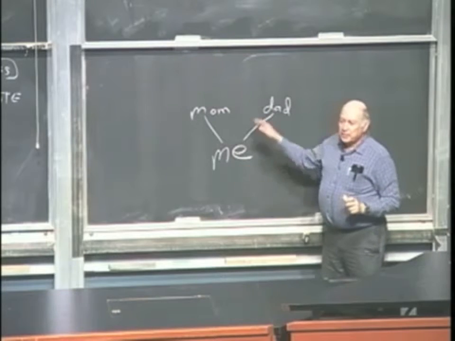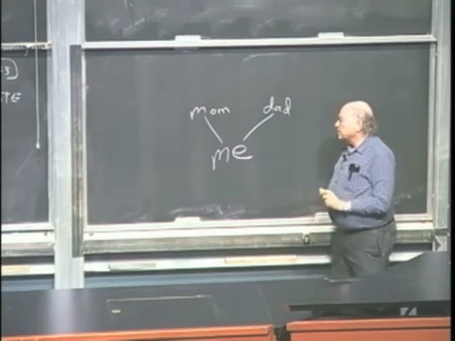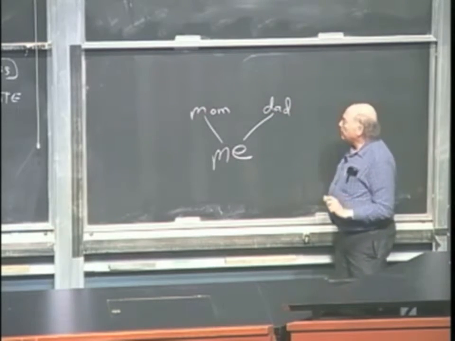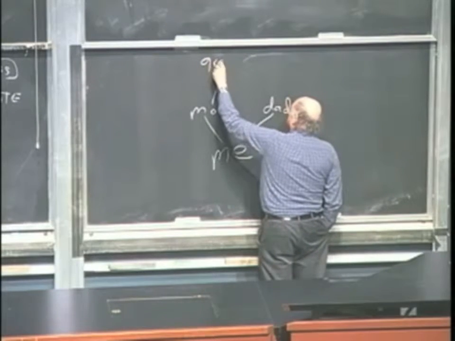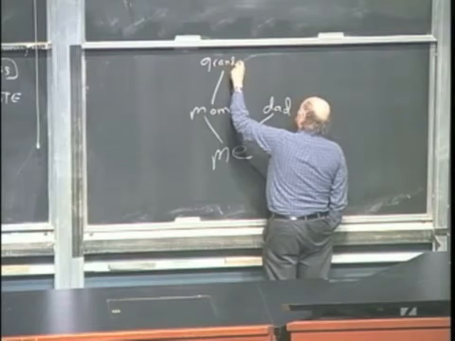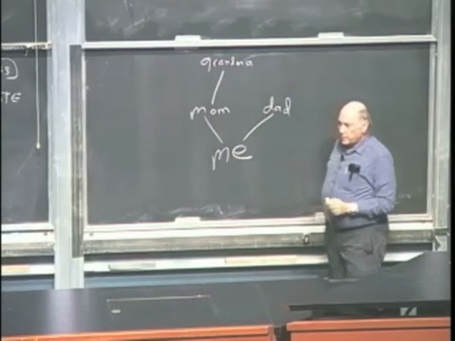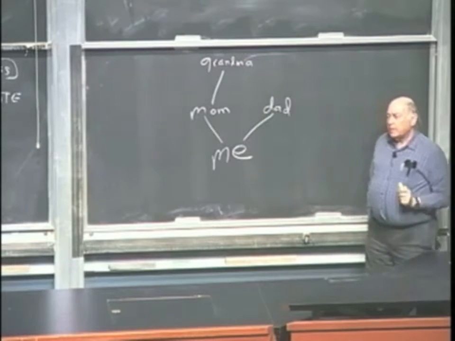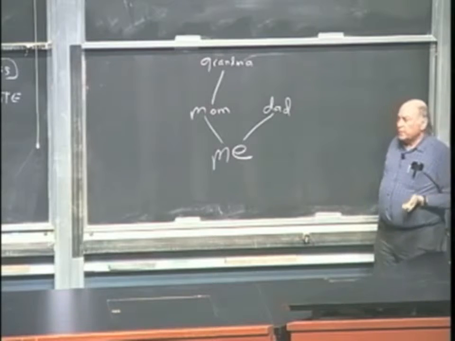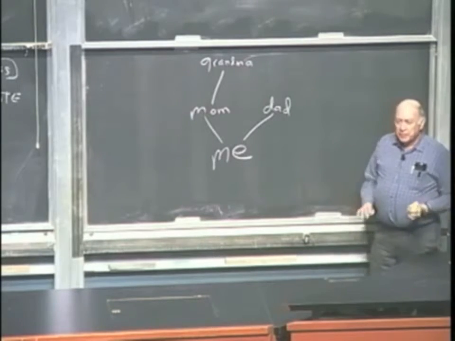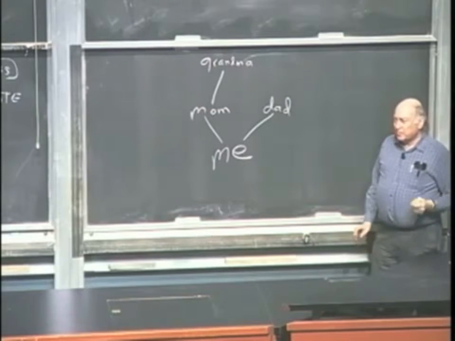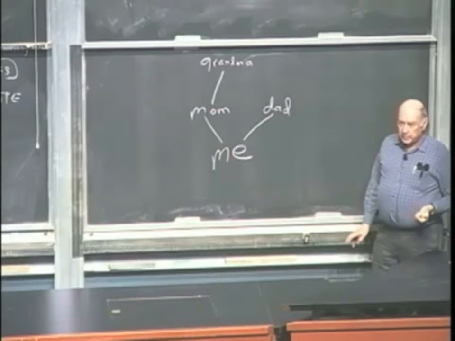Okay, so I have two parents. And here's grandma. Now, the priority rule is whichever one you put first in the parent clause, that's the one you want to have priority, right?